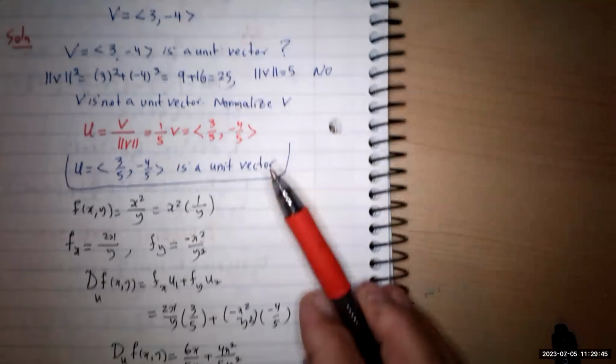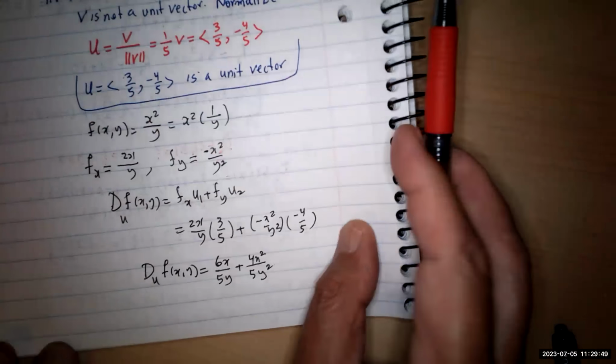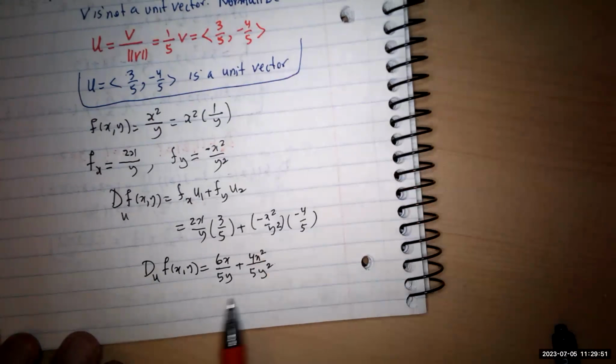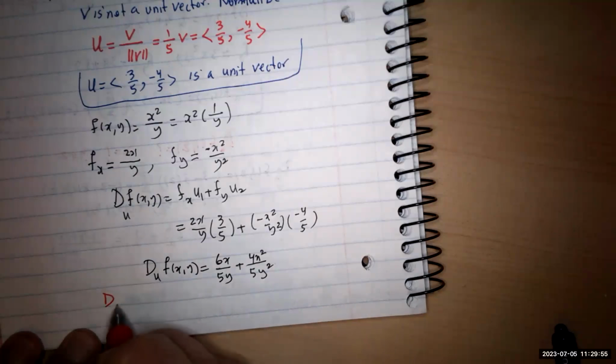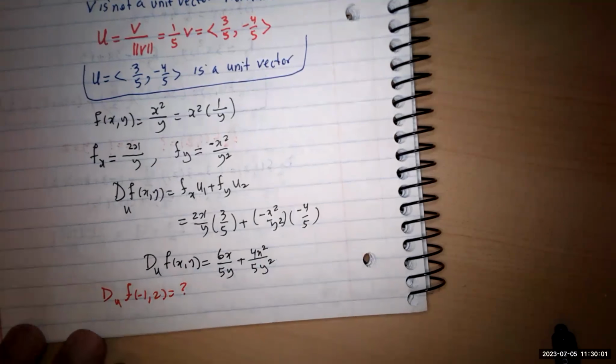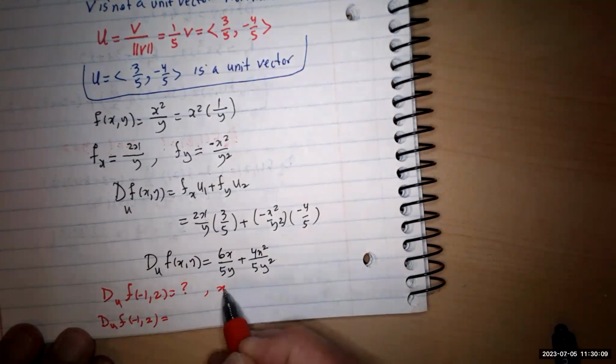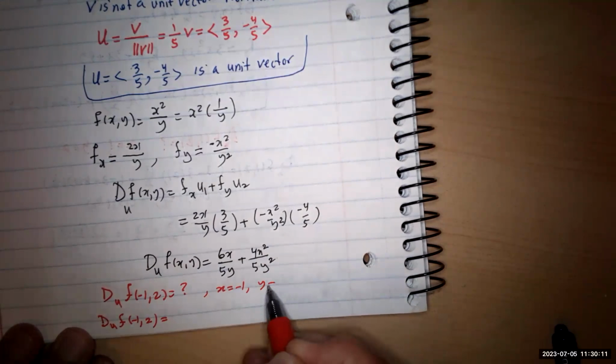Okay, but we are not done because we want to find it at the point negative 1 and 2, remember? You can substitute in advance or you can do it at the end. So you've been asked to find the directional derivative at negative 1 and 2. So we just substitute and simplify. Your x is negative 1, y is 2.